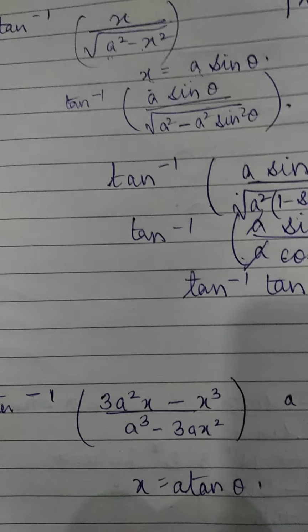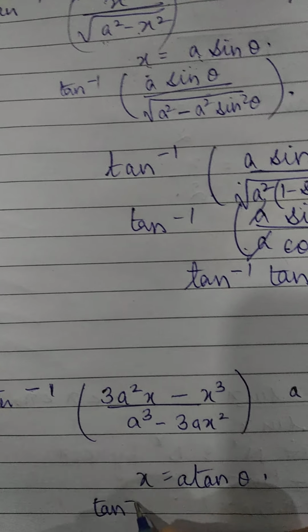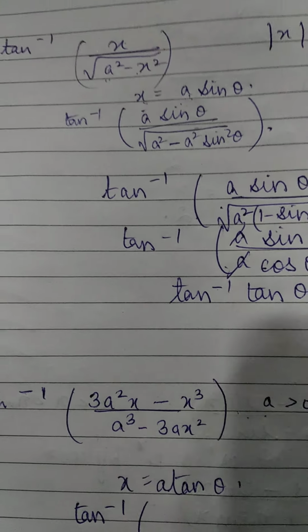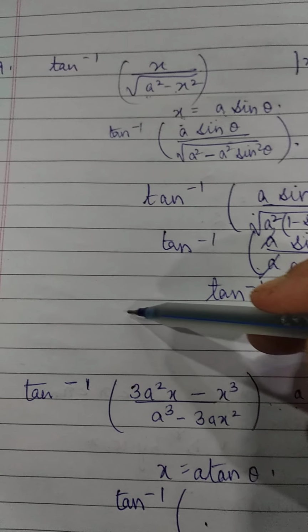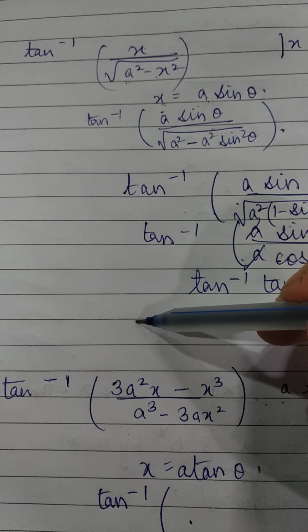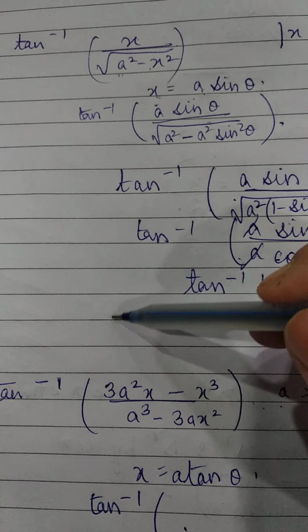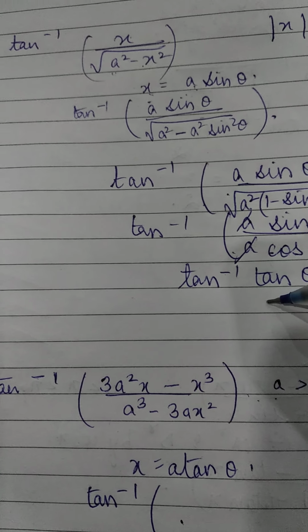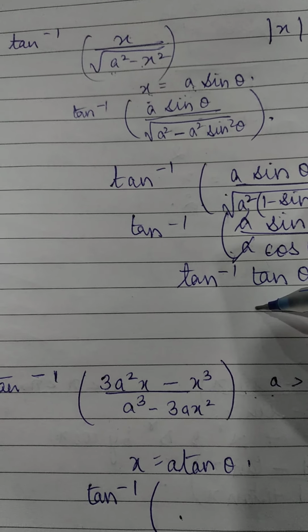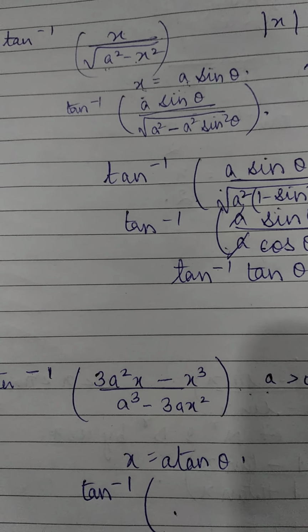We have tan inverse, and this is something similar to the formula that we know, that is tan 3 theta is equal to 3 tan theta minus tan cube theta upon 1 minus 3 tan square theta.